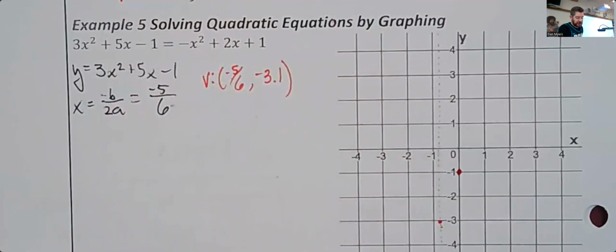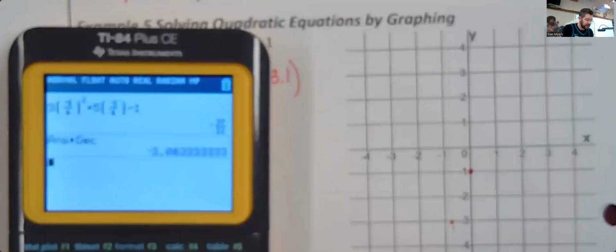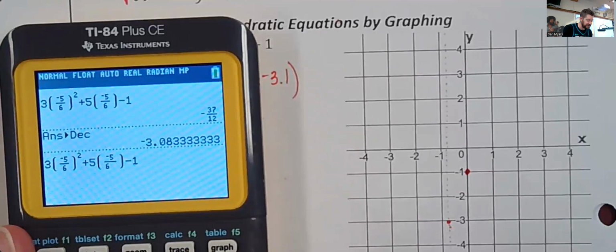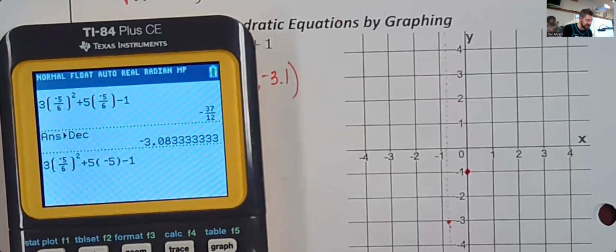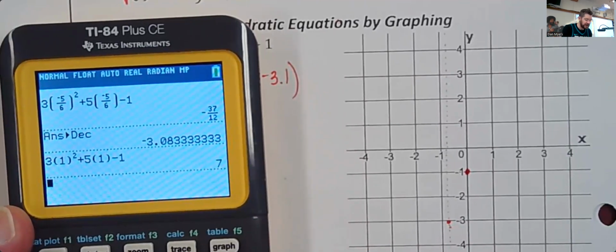We need to get a few other points on here, so I'm just going to go back and type in a few more. So I'm going to copy and paste my function. I'm going to delete these fractions. We don't want the fractions anymore because we're just going to use whole numbers to fill the rest of this out. So let's go with +1. Let's just type in 1. And that'll give us 7.